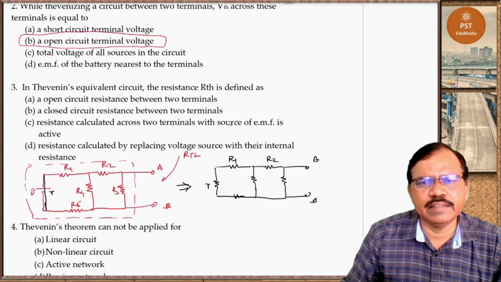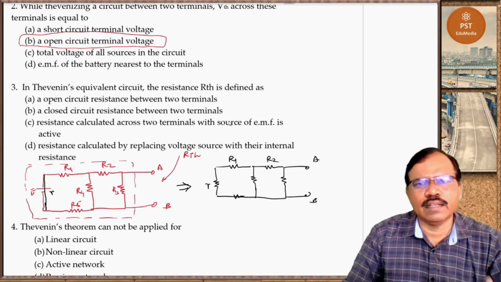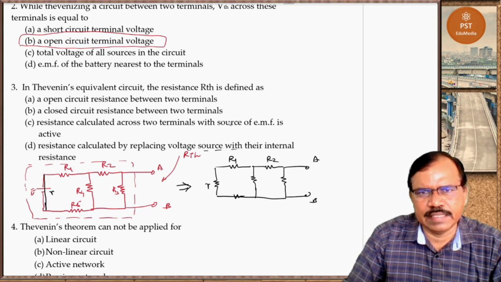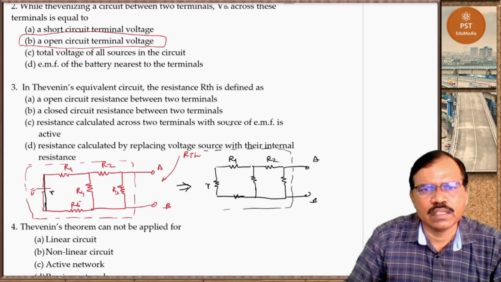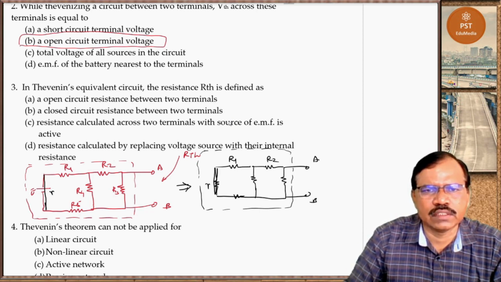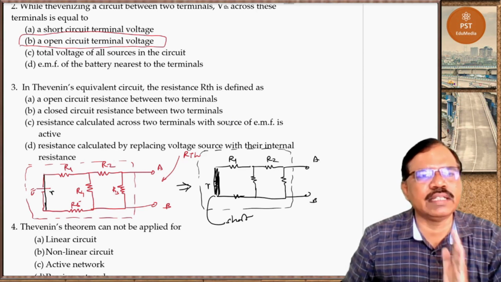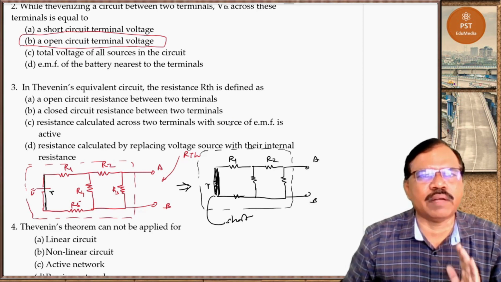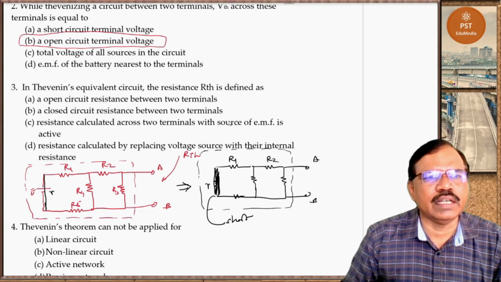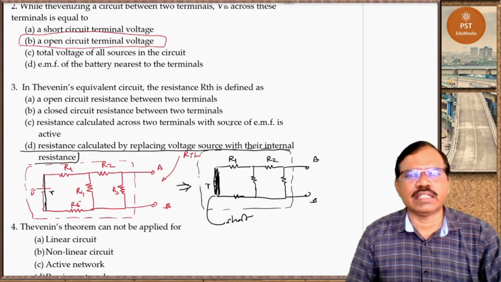And then we find resistance of the network, that is RTH. Now if internal resistance is 0, we use here short. If internal resistance is 0, short is used. But if there is some internal resistance, we replace that battery by its internal resistance to find RTH. So here last one is correct: the resistance calculated by replacing voltage source with their internal resistances.